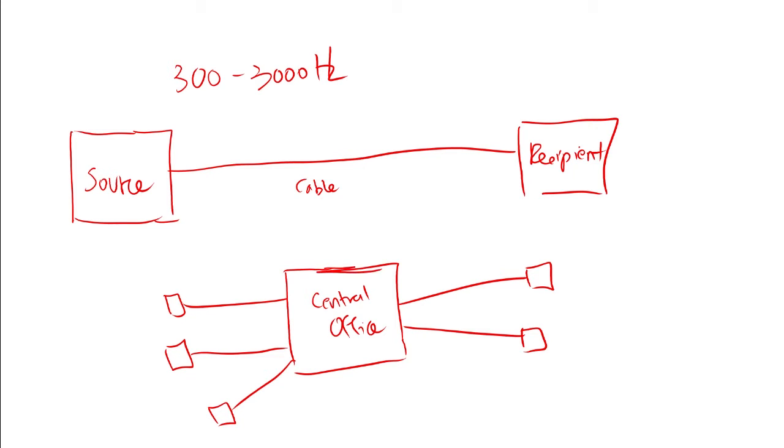Technically, in every phone conversation, if this guy is the source and this guy is the recipient, this guy on the left here is making a phone call with this guy on the right.